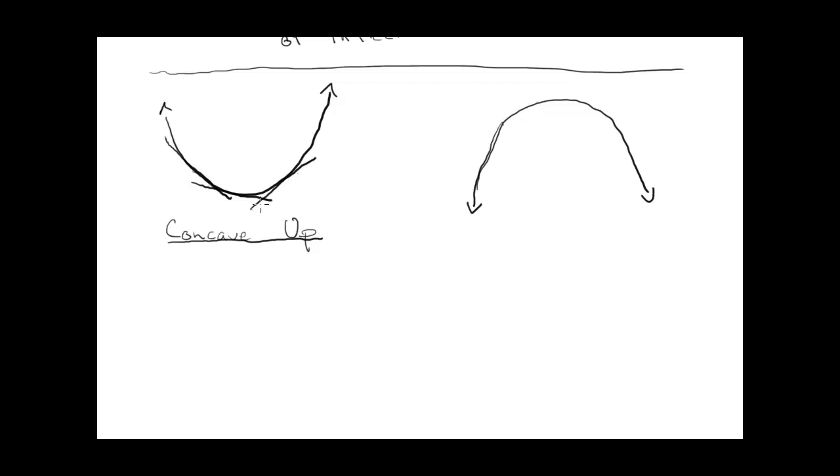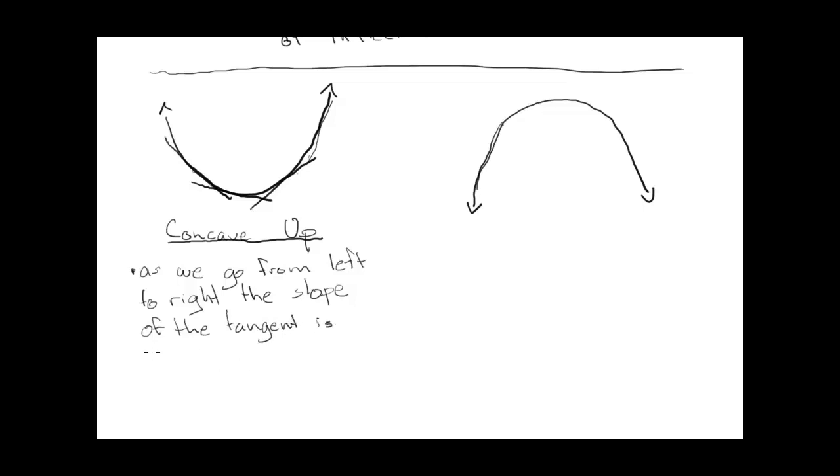Over here, the tangent is now positive. As I go further to the right, the tangent is more positive. So as you go from left to right, the slope of the tangent is increasing.